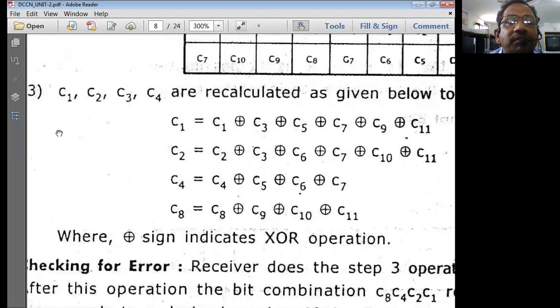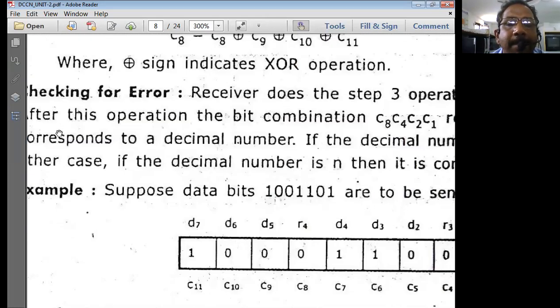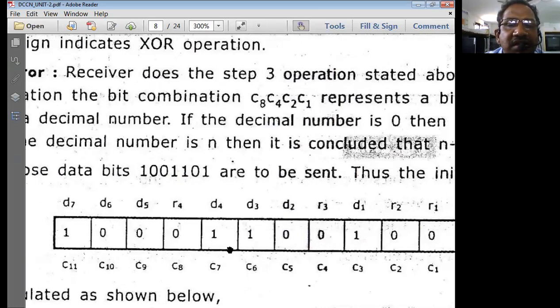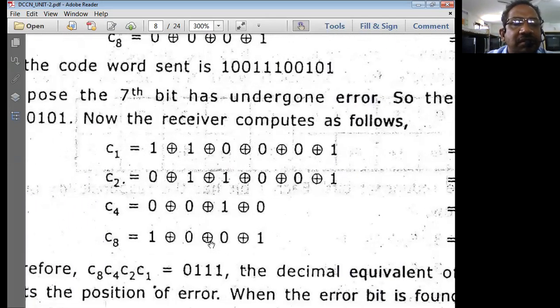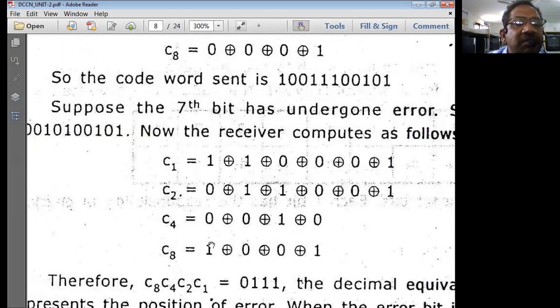See this data frame, C7, that is the seventh bit. The seventh bit was 1 before the error took place. So after the error takes place, I consider the seventh bit to be equal to 0.